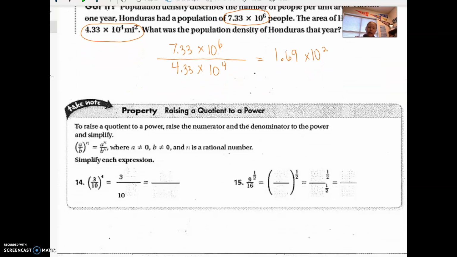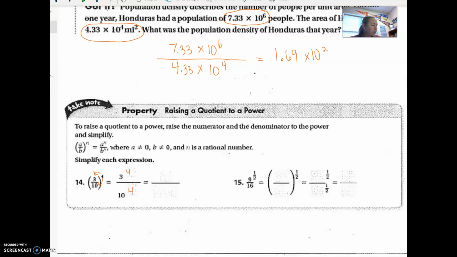Now let's look at another property with division. In this property, we're talking about raising a quotient to a power. Again, I think of this one also as distributing, because we have to distribute the exponent to the numerator and to the denominator. So it's really 3 to the 4th over 10 to the 4th.